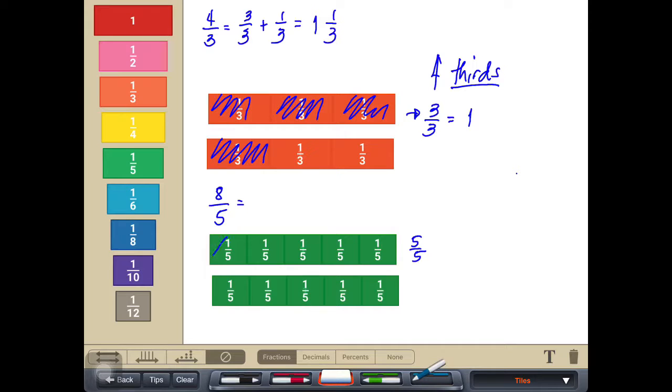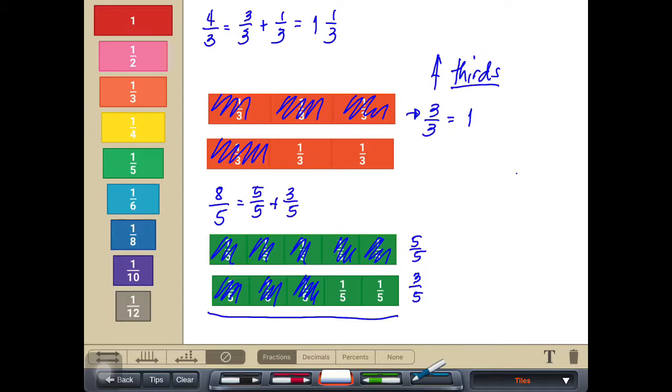Let's shade 1, 2, 3, 4, 5/5, 6, 7, 8/5. Alright, so here in this fraction, we were able to shade 3/5 more, and just by looking at it, the 8/5 now became 5/5 plus 3/5, which is now equal to 1 and 3/5.